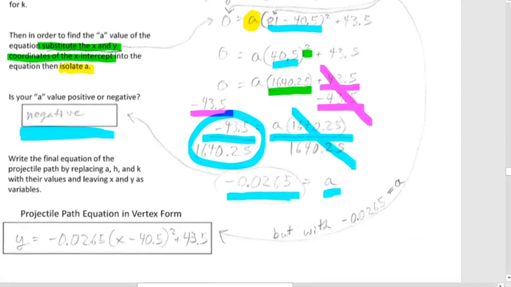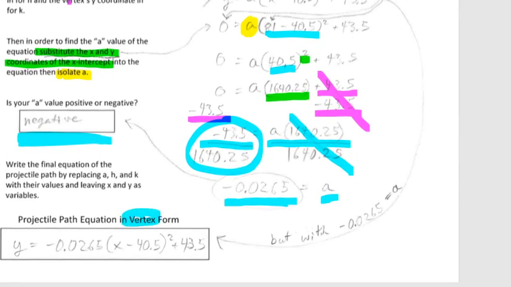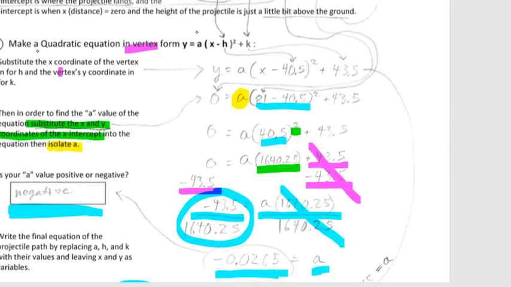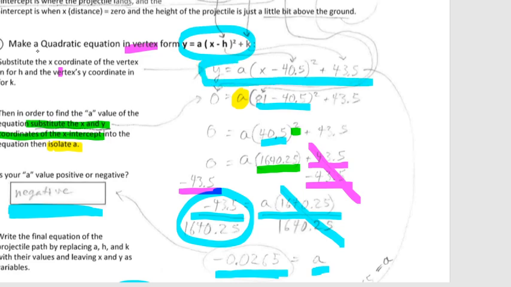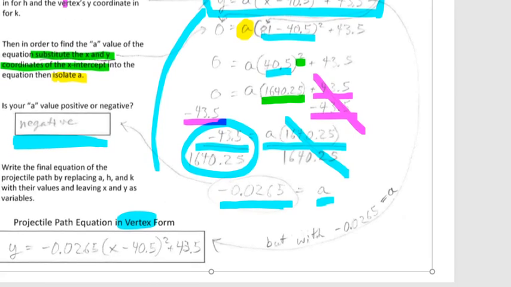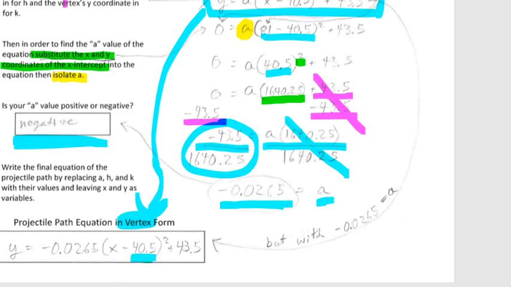So the very last part of writing this in vertex form is taking that new a value, and we can use our original equation, and actually the one where we plugged in the h and k values would be the best one to use. So we're going to take this equation and plug it in down here. You'll see we have the x-coordinate of the vertex, which is our h value.